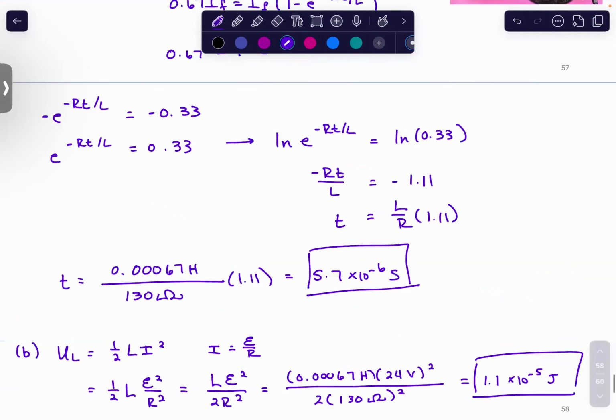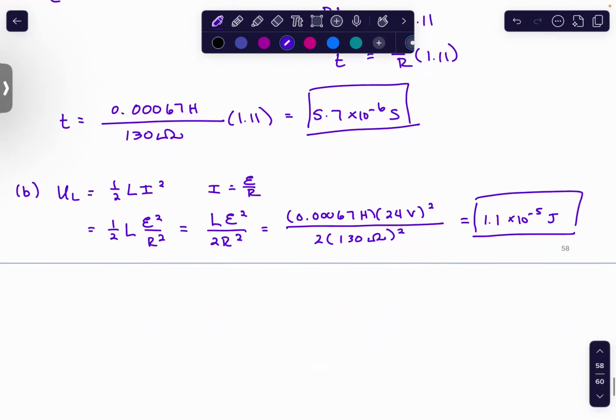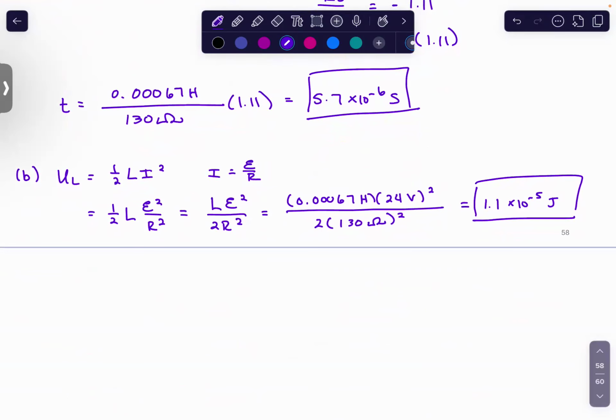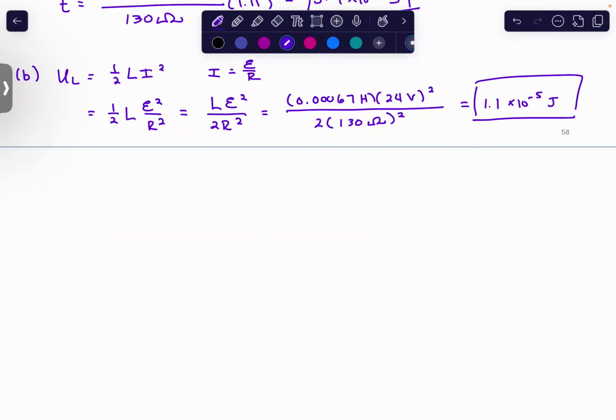And part C. How long will it take for the energy stored in the inductor to reach 67% of its maximum value? Okay. So now we have to kind of combine two things here. All right.